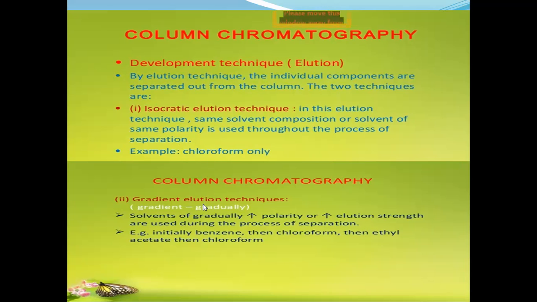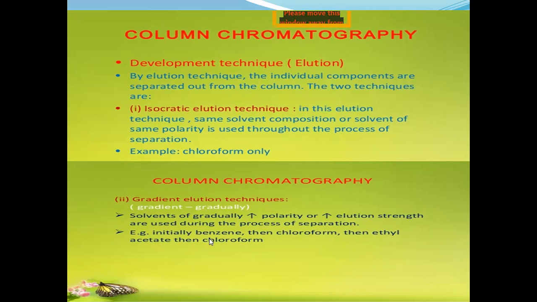And next, in gradient elution technique, solvents of gradually increasing polarity or increasing elution strength are used during this process. Example, initially benzene, then chloroform, one after another.